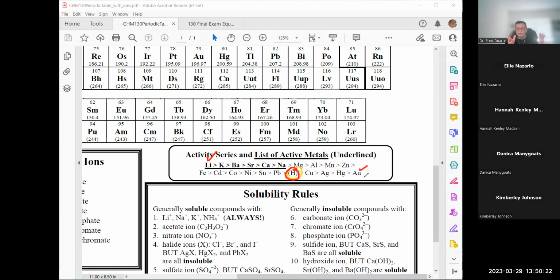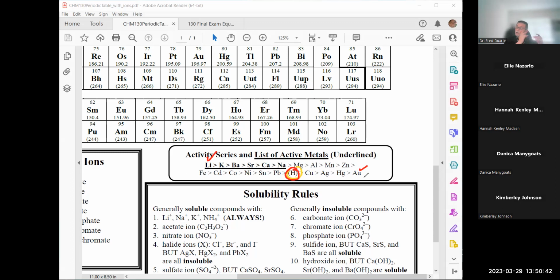It stays just as lustrous and shiny as the day it was buried. So lithium is more reactive than potassium, et cetera. Hydrogen is what this scale is relative to.